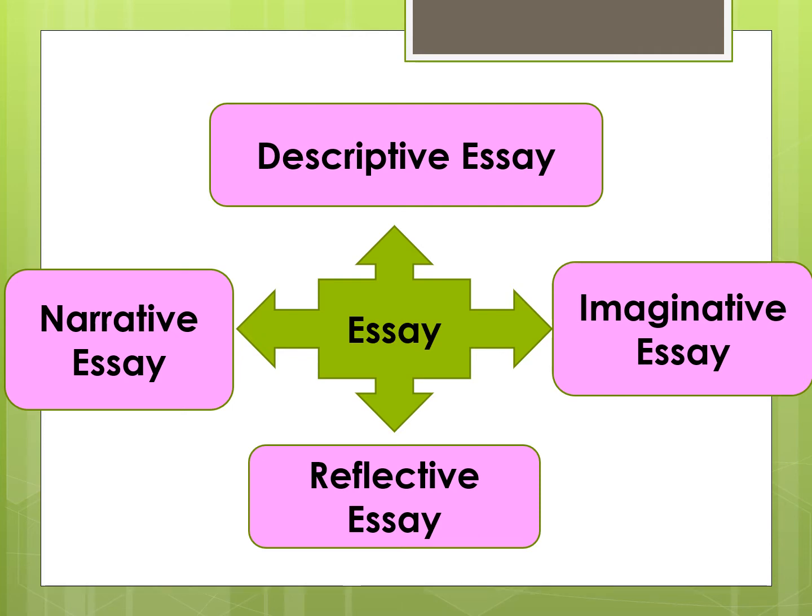The goal of this kind of an essay is to provide readers with enough detailed descriptions for them to be able to picture or imagine the topic. For example, a descriptive essay could be written on topics like a river, my best friend, or a football match.